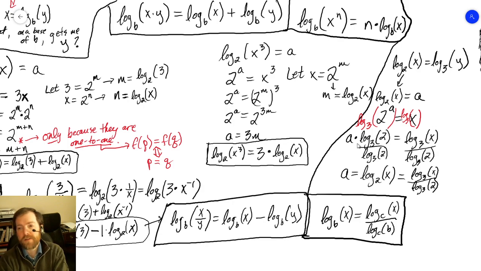Okay, in this case, then, we would also backfill and say that up here, log base 2 of x would become log base 3 of x divided by log base 3 of 2, equal to log base 3 of y.